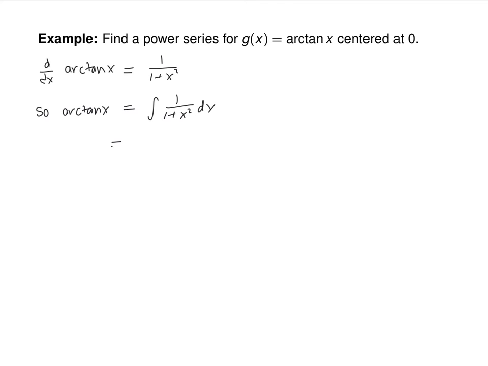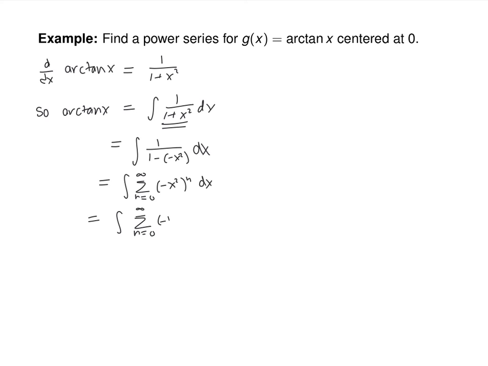And you can actually find a power series for this 1 over 1 + x^2. That's the same thing as 1 over 1 - (-x^2), which is the same thing as the sum from 0 to infinity of (-x^2)^n, or the sum from n = 0 to infinity of (-1)^n x^(2n).